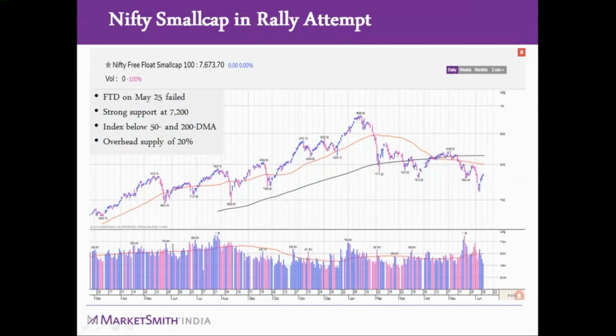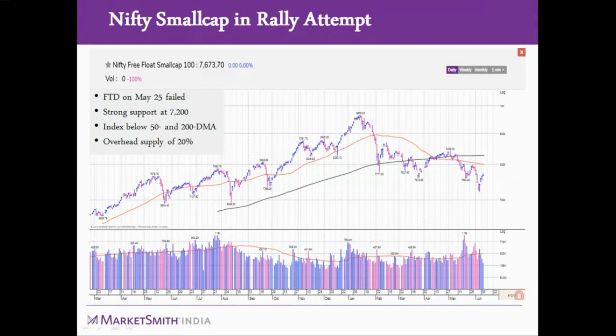Right. Next up is Nifty small cap. Again, quite similar to what's happening at the mid cap level. There was a strong update on Nifty small cap, by the way. It happened on May 25th, and the index had moved up 1.5% on greater volume. So that was identified as a follow-through day. However, it failed, and the index pulled back again and went on to breach its previous low of 7,600.